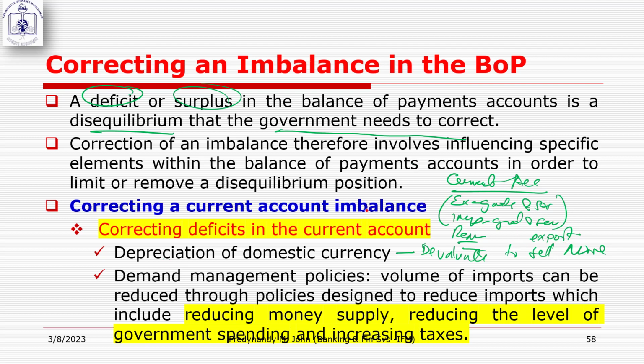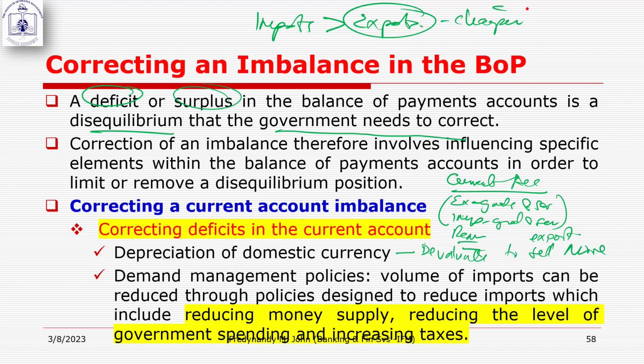Now, a current account deficit occurs, if I consider these two accounts, exports and imports of goods and services, when the level of imports exceeds that of exports. By devaluating your currency, your products will be cheaper.